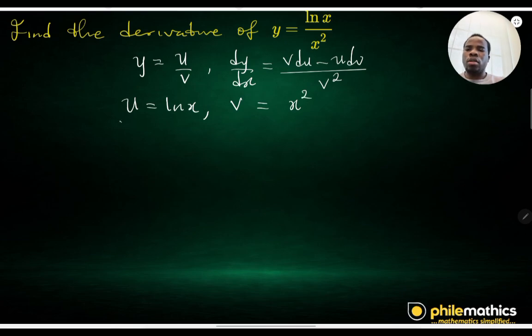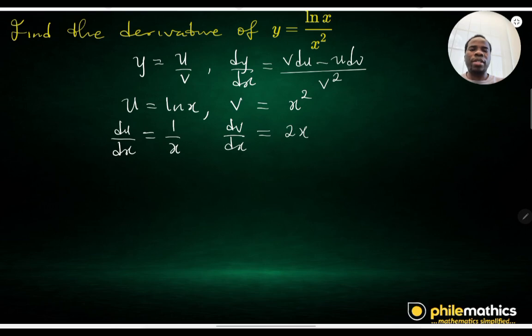And so du/dx is simply 1 over x, because if we differentiate ln x, it is 1 over x, and dv/dx is 2x.